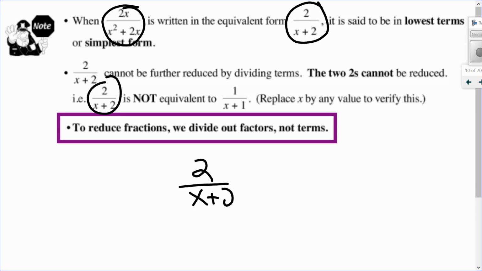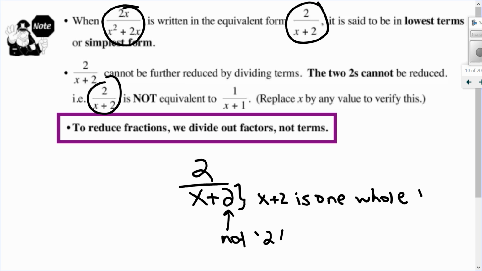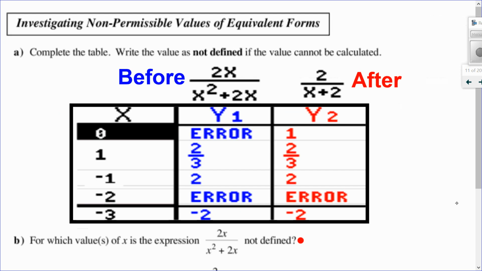In the denominator, this is not a 2. It's not just a 2 by itself. This 2 is attached to the x plus 2. So the x plus 2 is one whole term. When you're canceling, you're only canceling like terms. So again, it's not a 2 by itself, it's an x plus 2. It's all attached. So the only thing you can cancel with is an x plus 2.